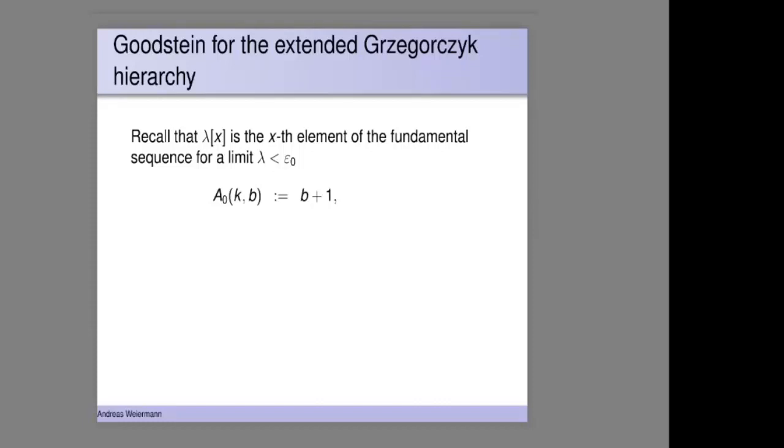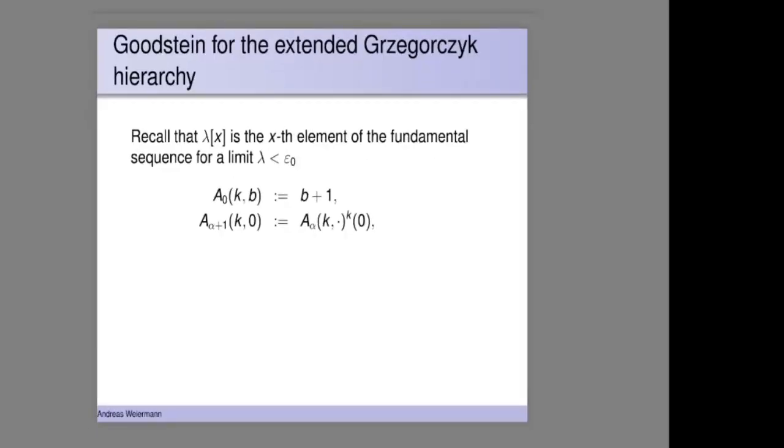So what I'm doing now is I consider Goodstein principles for Ackermannian functions, but where the indices are now ordinals less than epsilon 0. So recall that lambda x is the x element of the fundamental sequence for a limit lambda less than epsilon 0. At level 0, a0 kb is just the successor function as before.